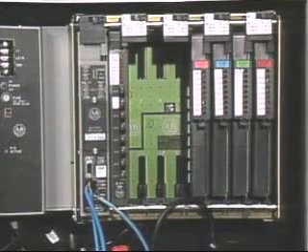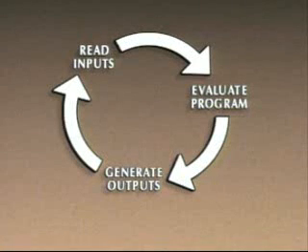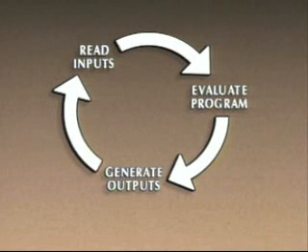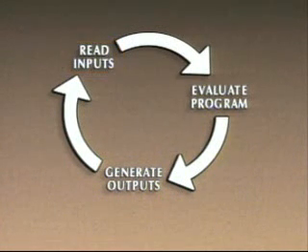When a programmable controller is running, it performs a sequence of activities that's called a scan cycle. A scan cycle is executed many times a second. This illustration shows three process control activities that typically take place during a scan cycle. The first activity that the programmable controller performs during the scan cycle is reading all of its inputs and storing their values in memory.